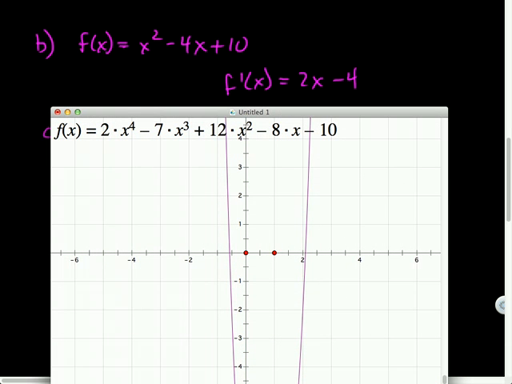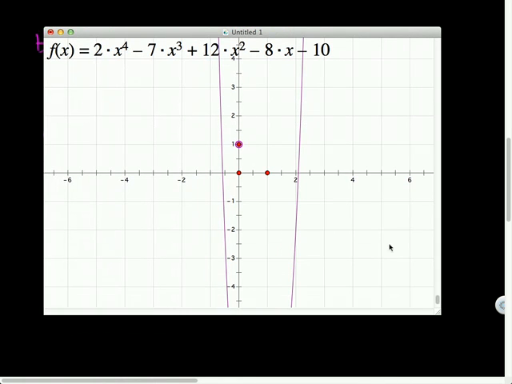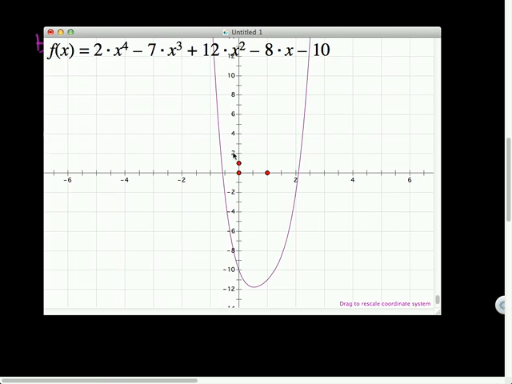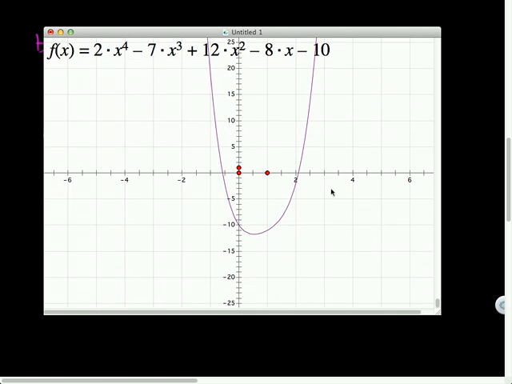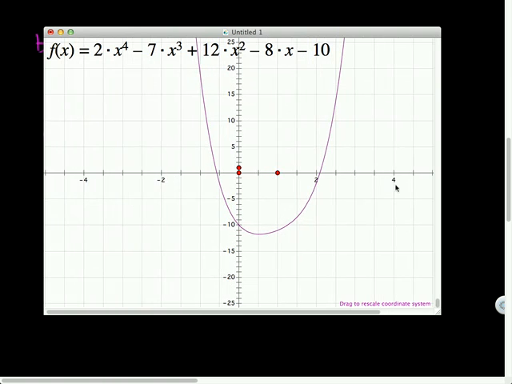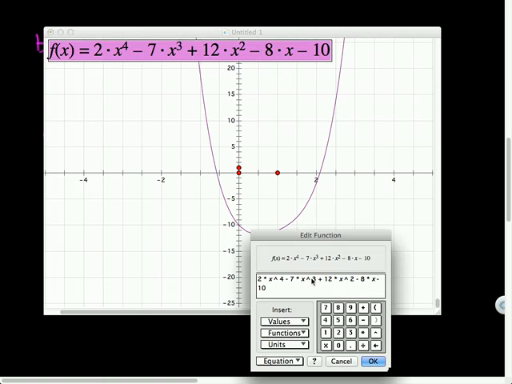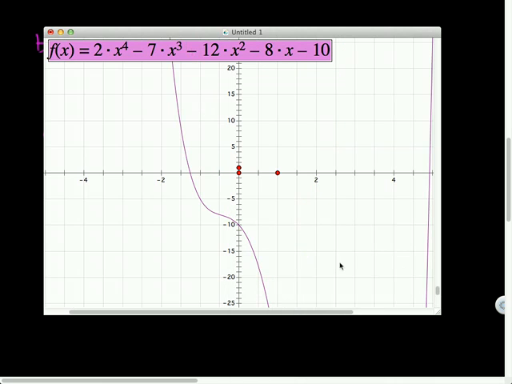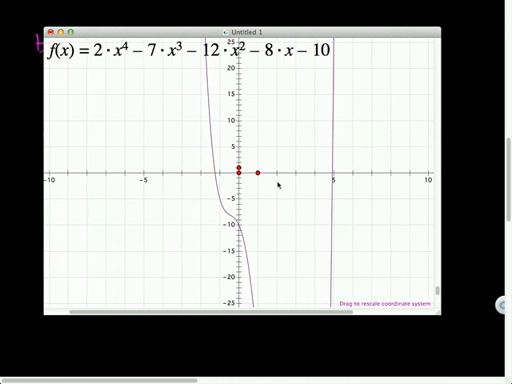Graph, grid form, rectangular. Does this one have any good bends? No, that's too bad. I was hoping it'd be like a crazy fourth degree function. Maybe I can change that. What if I make this a minus sign? Well, there's some. Okay.